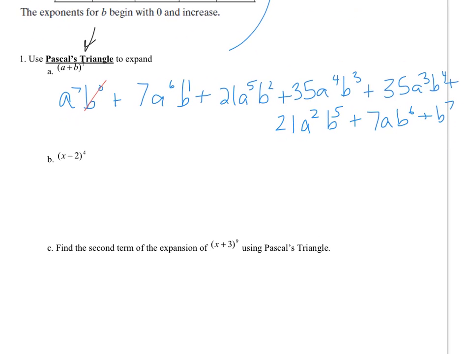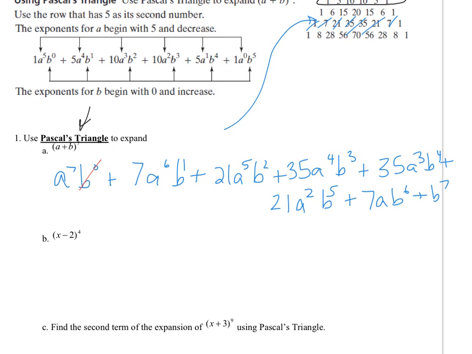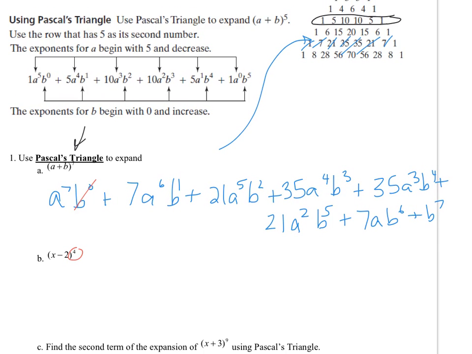And then when you're doing one without variables, you just need to be really careful with your negatives. So I'll show you how to do that. I'm going to go to the 4th row, look up here, right there. And so I'm going to do x to the 4th times negative 2 to the 0. So that just cancels out, to be x to the 4th.